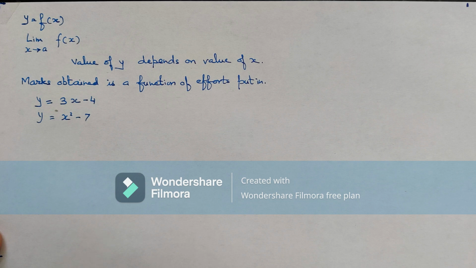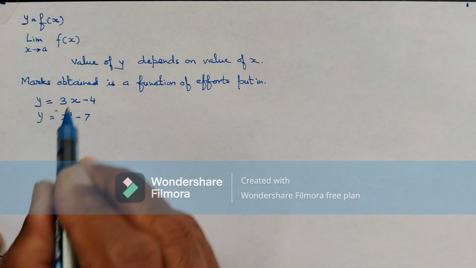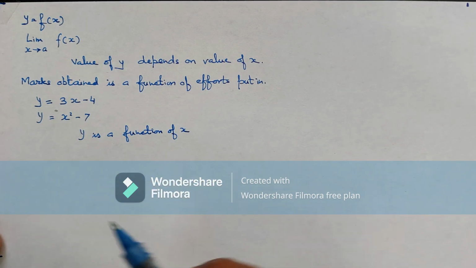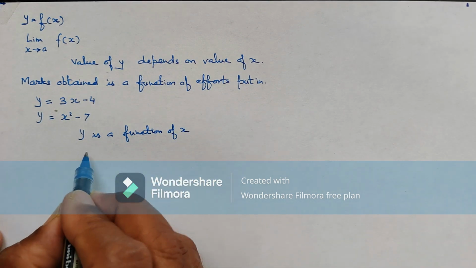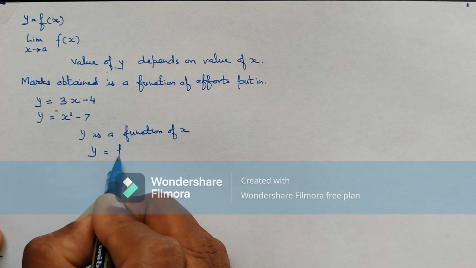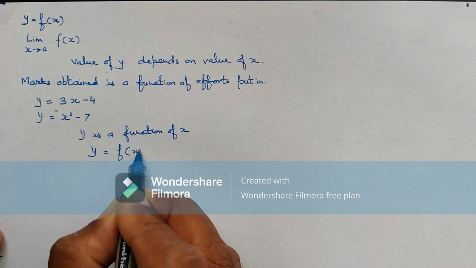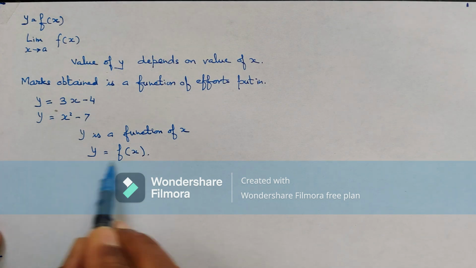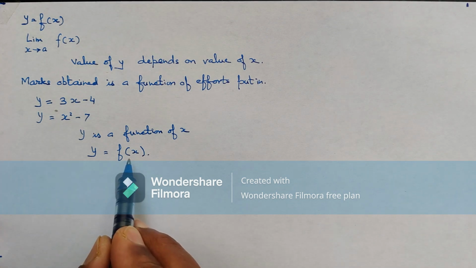In mathematical notation, the statement y is a function of x is written as y is equal to f(x). Note, this is a general statement which simply says y is some function of x.